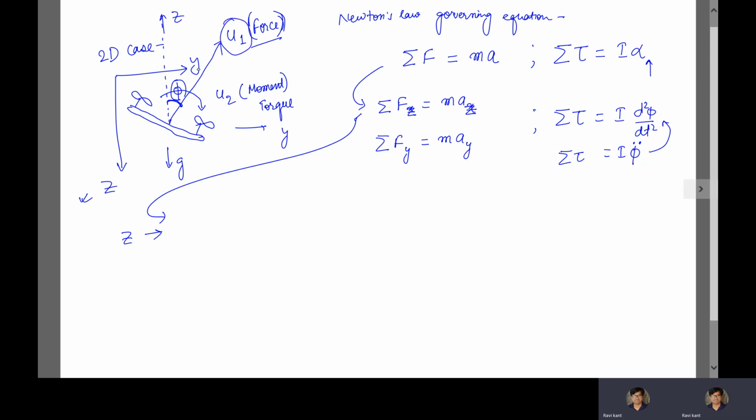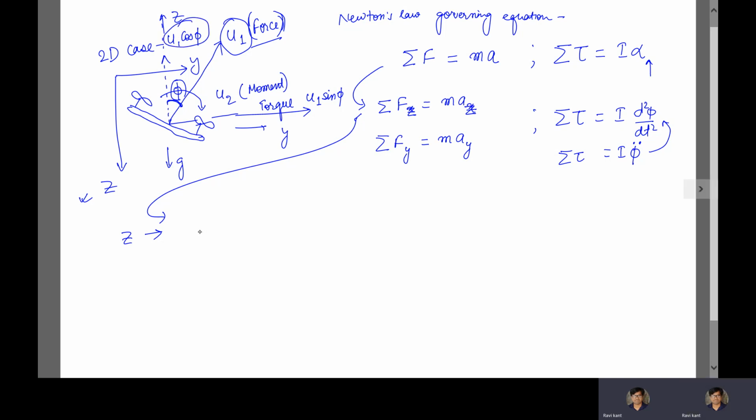The component that will act in the z direction would be u1 cos of phi, and in the y direction the component would be u1 sine phi, isn't it? So let's take one by one. So u1 cos phi is here.